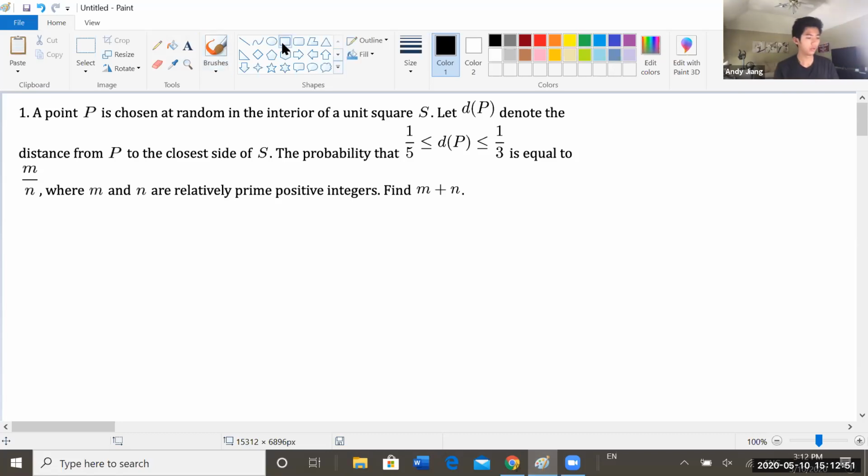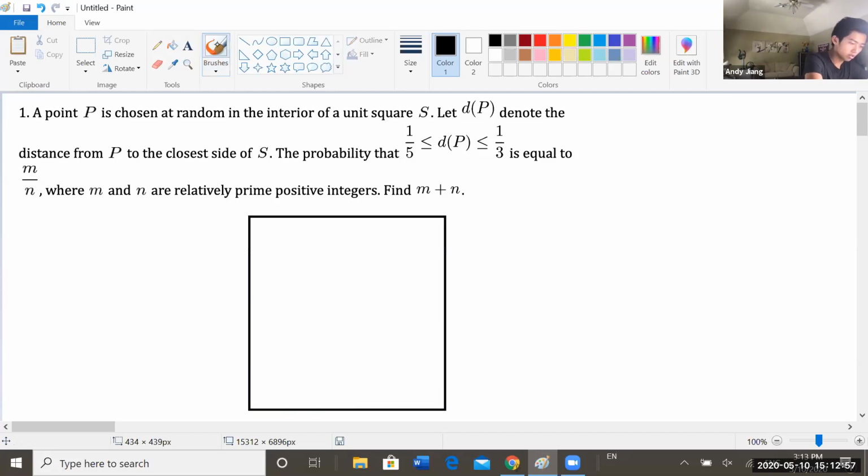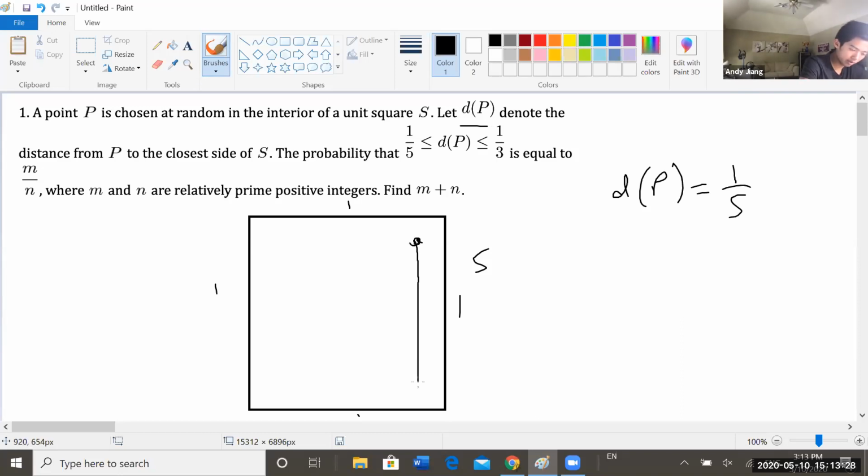So I'll draw what it's going to look like. First, we have a unit square S. So this is 1 on each side. And d_P is the distance from a point P to the closest side of S. So let's see where all the points P are where d_P is 1/5. So the closest that P is to any side of S is 1/5, which means that this is 1/5.